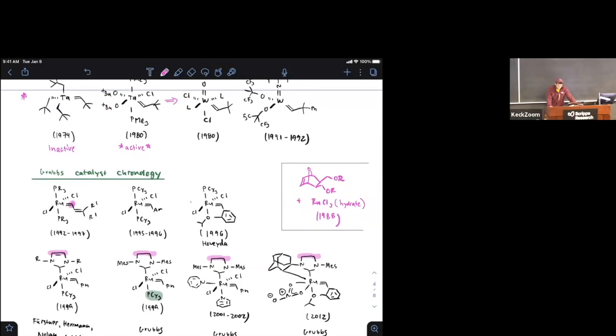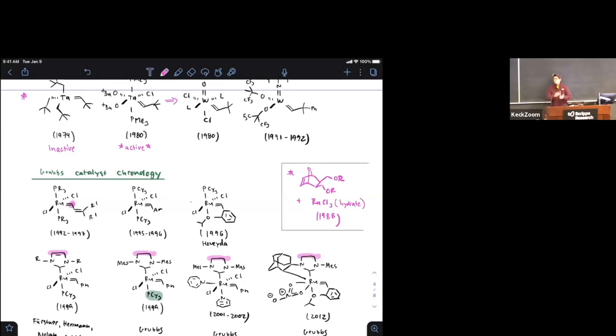That is an interesting and somewhat bizarre story. It had to do with an idea at that time in the Grubbs group, and this is late 1980s. They wanted to make these ionophore polymers by ROMPing a monomer that looked like this, an oxanorbornene.